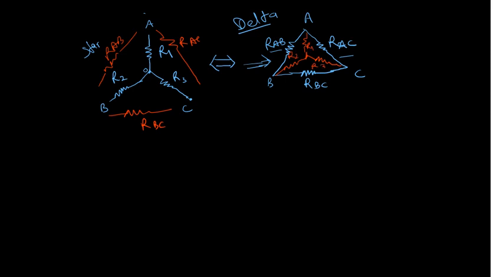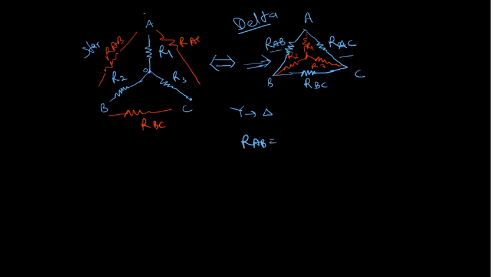R3. Correct? So if I write the formula for star and delta, first I will talk about star to delta. Then we require RAB, RBC, RCA. In that case, your RAB will be in terms of R1, R2 and R3.